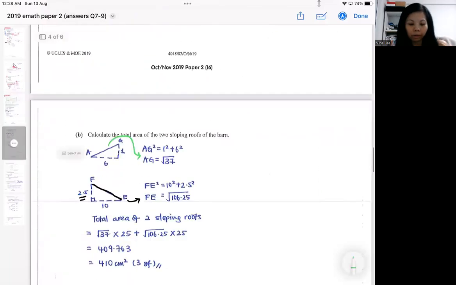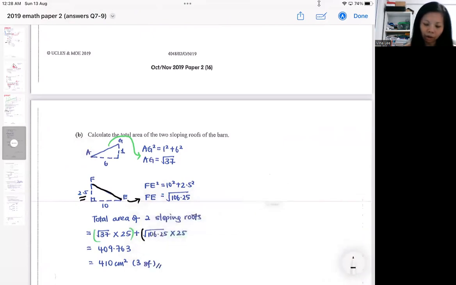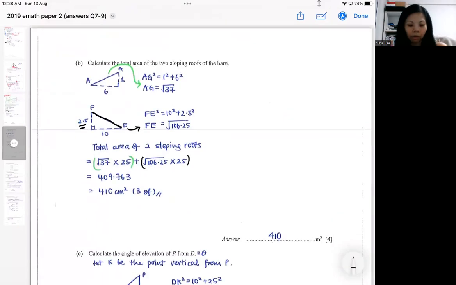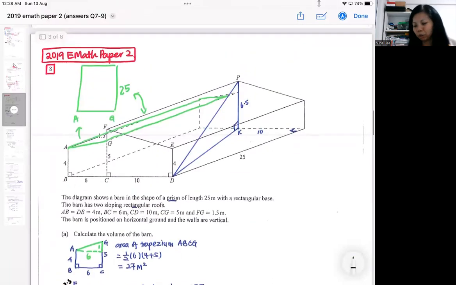I also didn't bother to work out AG, I just leave it in the square root. If I use AG to multiply by the length, I will get the rectangle. So essentially, I'm just adding up two rectangles, but you need to do the Pythagoras to find the side of the rectangle. This may be a bit more difficult for some of you if you couldn't visualize the 90 degree. Otherwise, I think these two parts are quite all right.